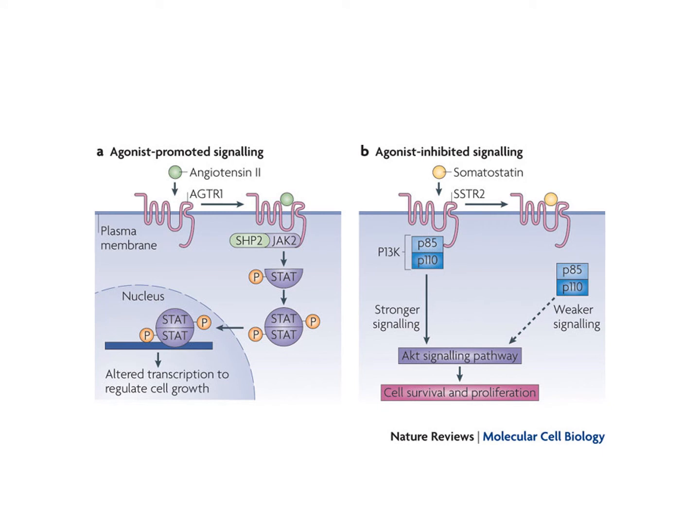Okay, so this is an example of agonist promoted signaling and agonist inhibited signaling. So this is how it promotes the positive effect, and this is how it causes the opposite compared to agonist promoted signaling.